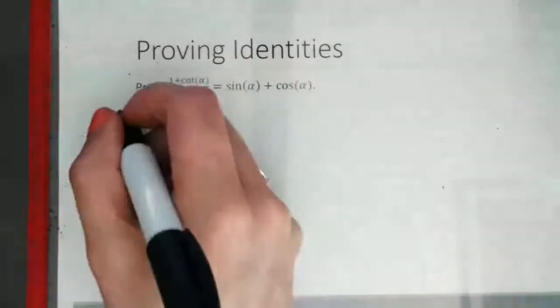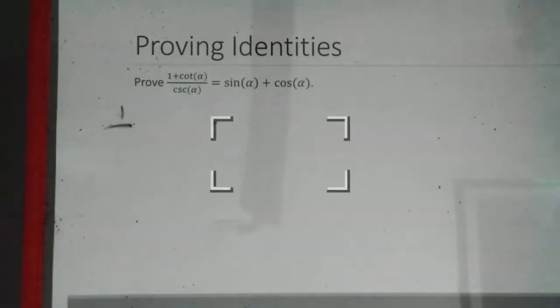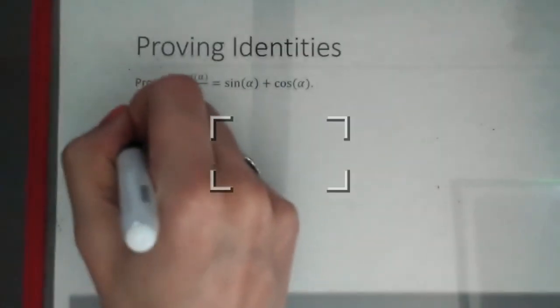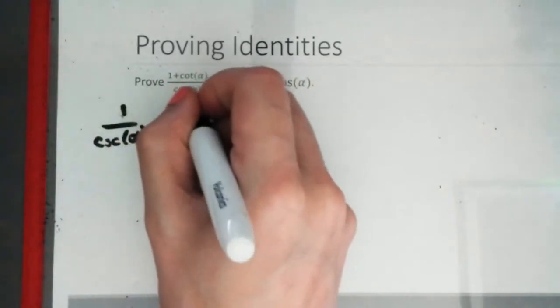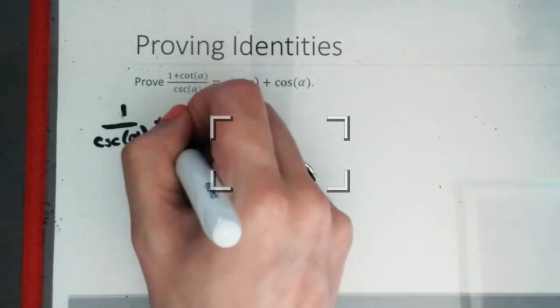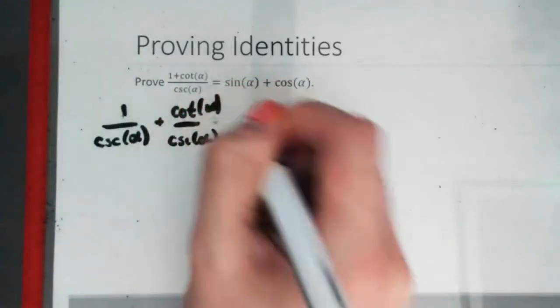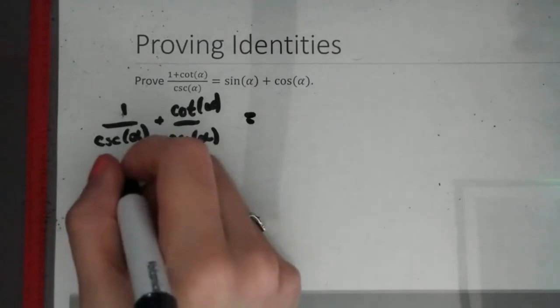So if I break up this fraction, that's 1 over the cosecant of alpha plus the cotangent of alpha over the cosecant of alpha. I'm going to try switching everything to sines and cosines because sometimes that helps.